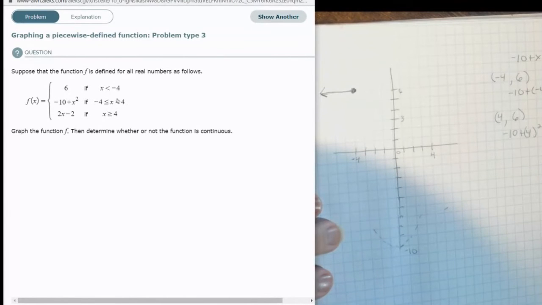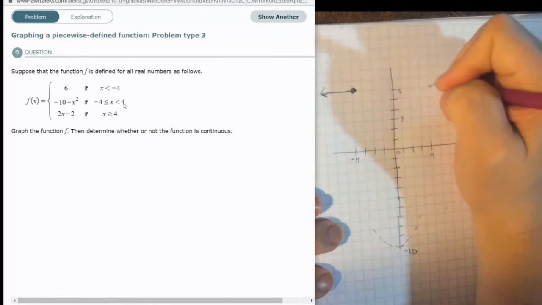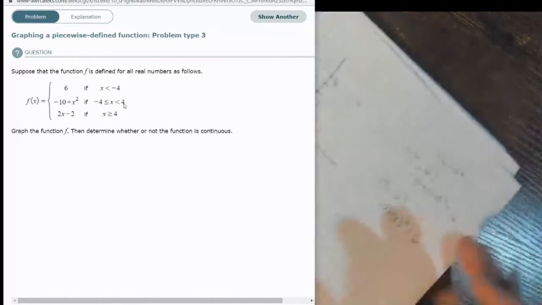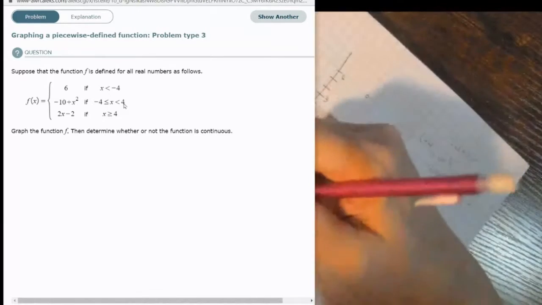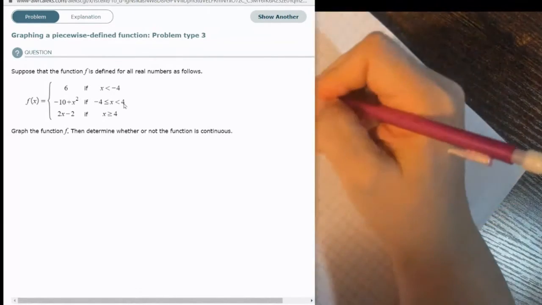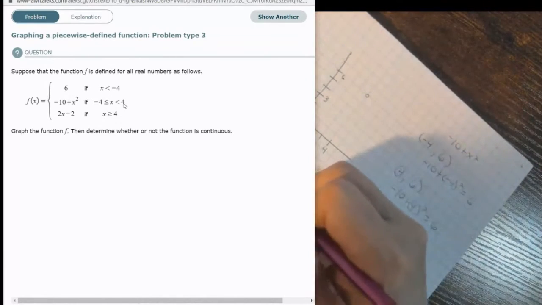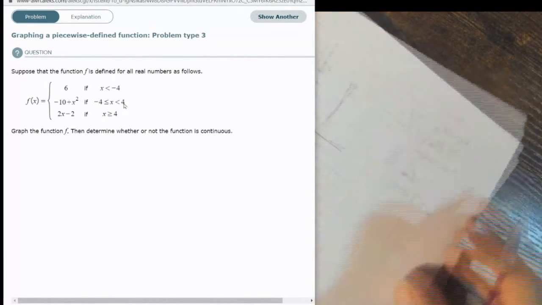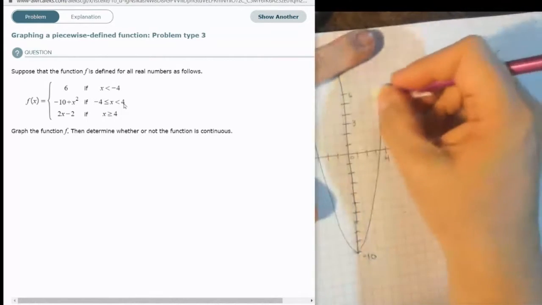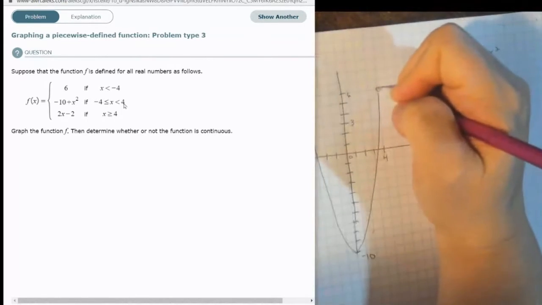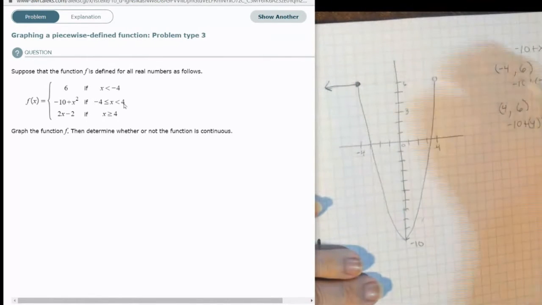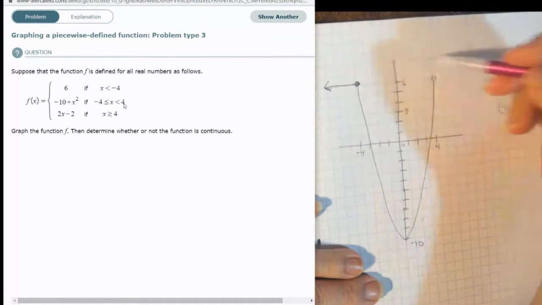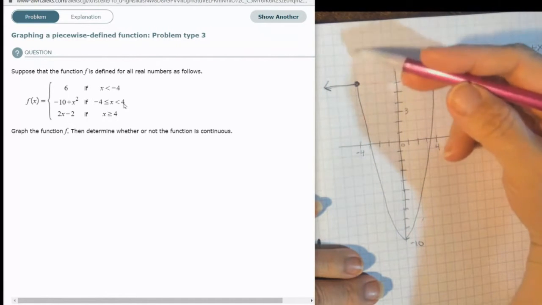This one does not, so the 4 will have an open circle. 4, 6. So my parabola goes all the way up to there. It's an open circle because it didn't have an equal to with it. So you would first graph that whole parabola, then mark these 2 points and then erase the rest.